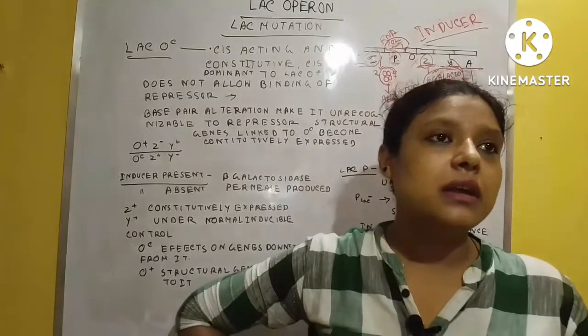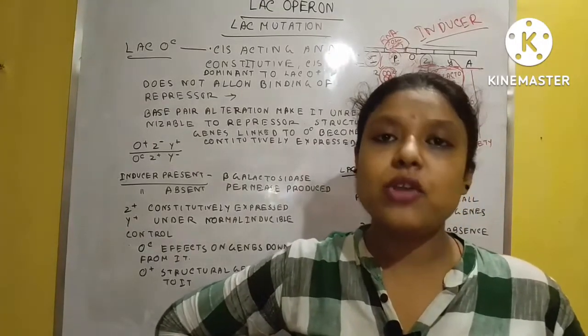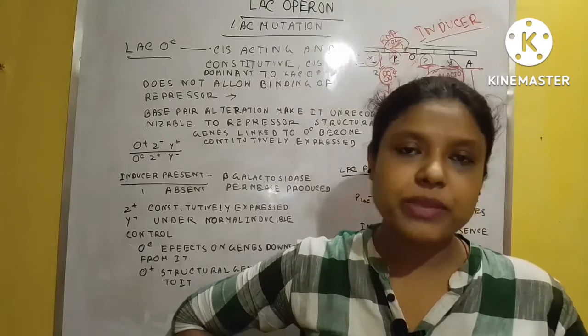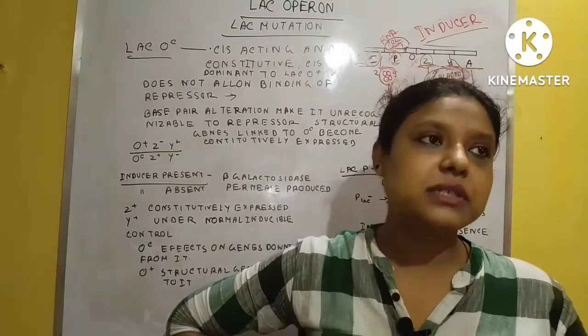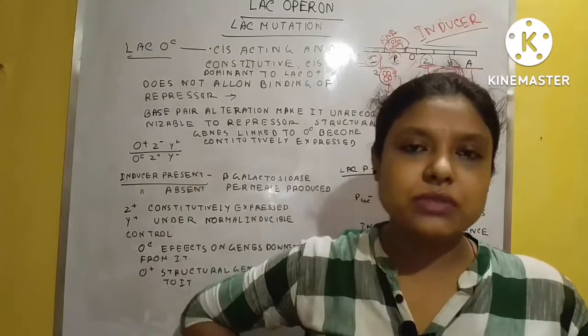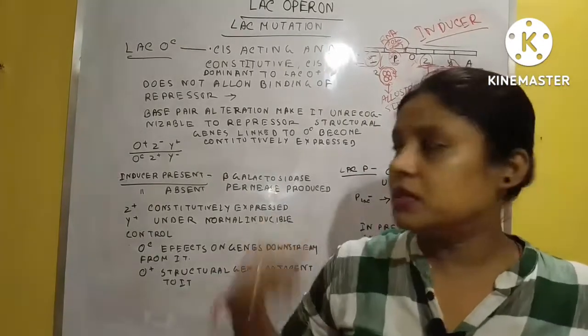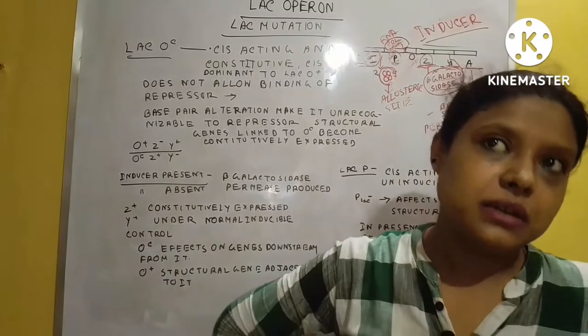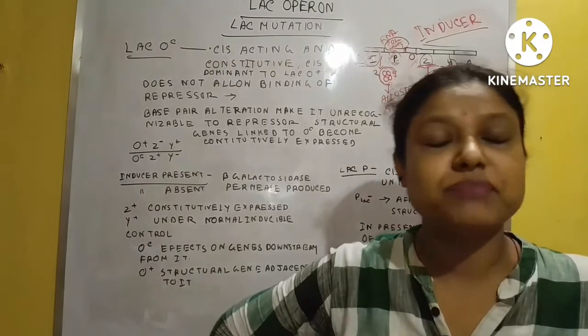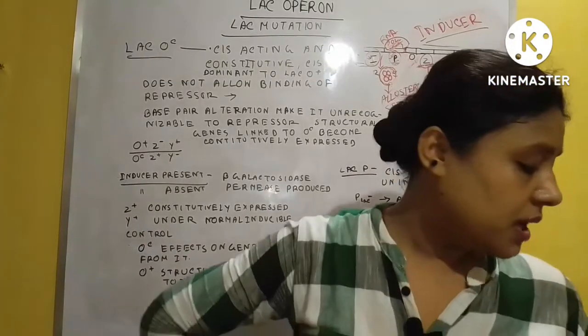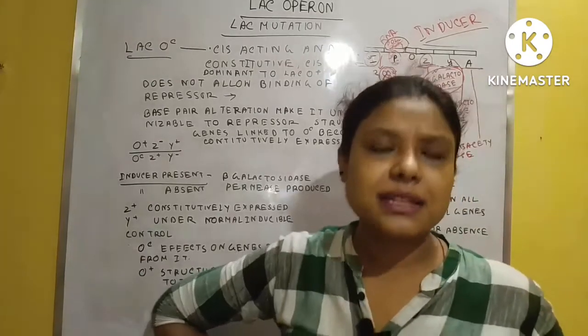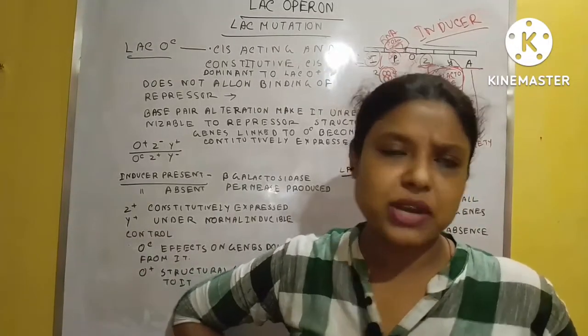I have already started the Lac Operon topic in the previous videos, and today I continue with the mutations of the Lac Operon system. Before this topic, I already explained the regulator gene mutation in my previous video, and I have also described another topic related to the Lac Operon.